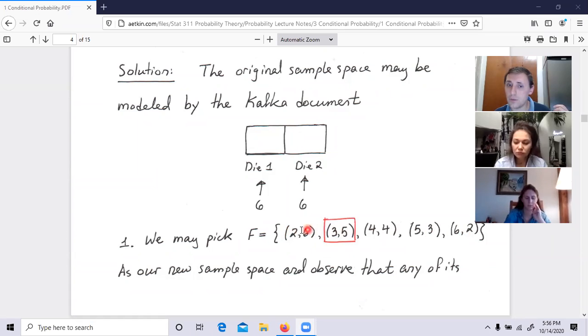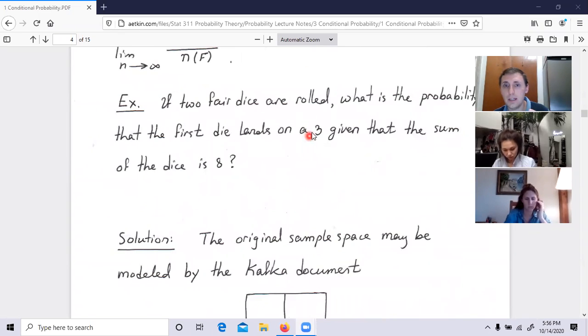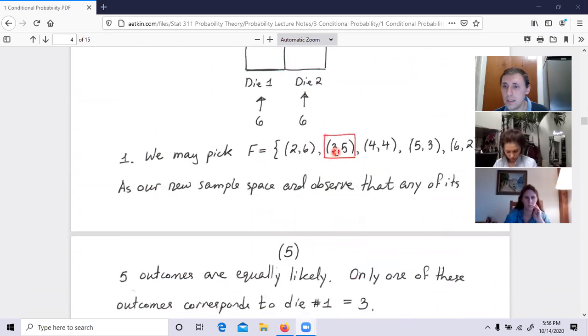There are 5 outcomes over here. You see that? And only one of those outcomes corresponds to the event that the first die is a 3. Only one, yes? Now, an important thing to notice is that we're assuming that there is no preference among outcomes in F, correct?